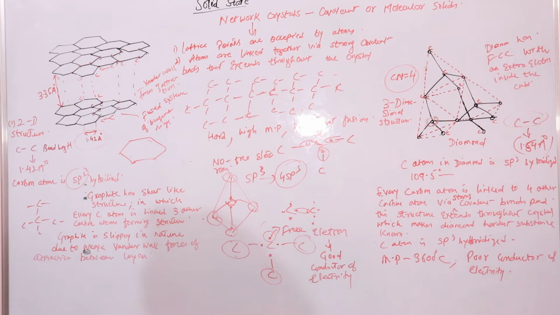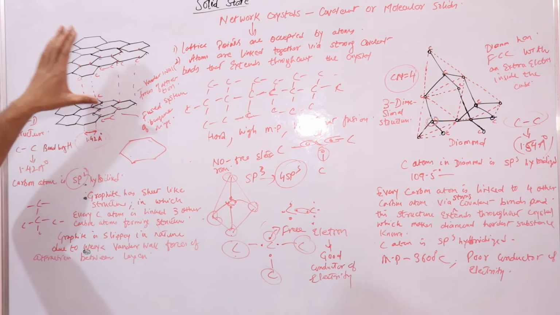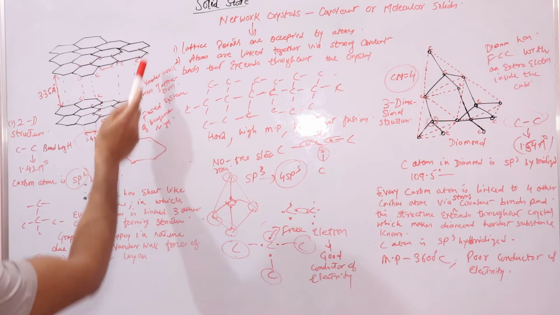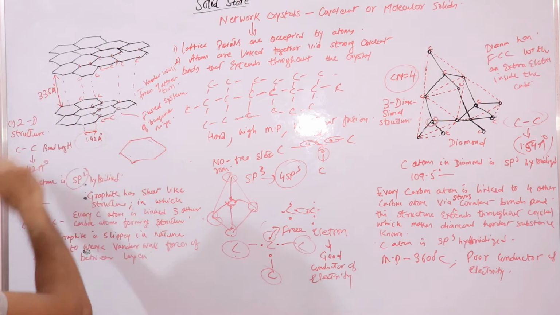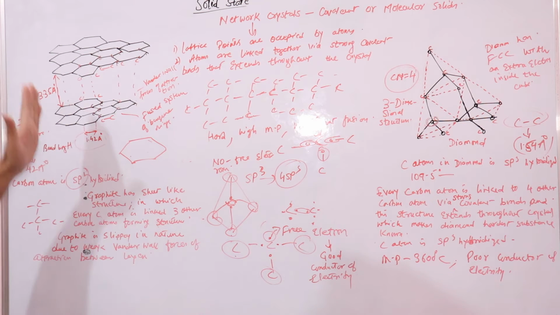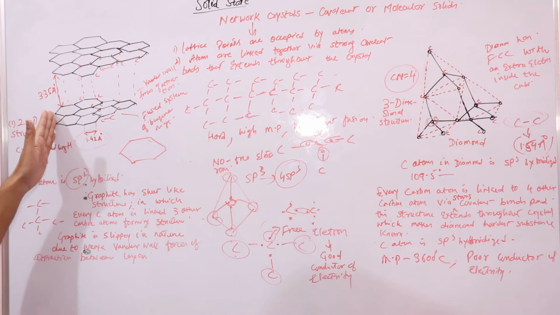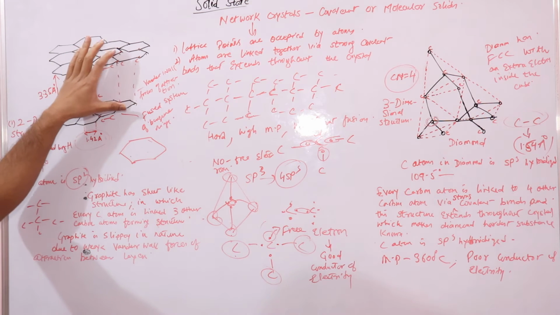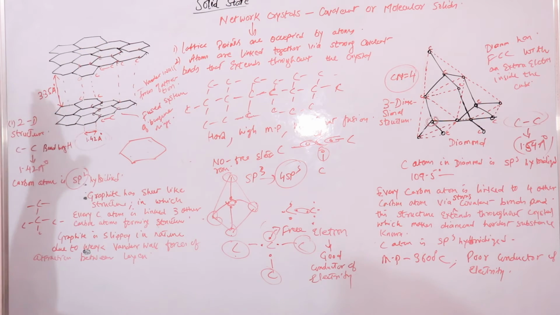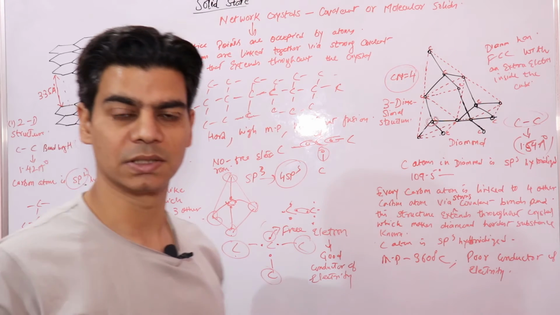And it is due to this weak van der Waals force of attraction that one layer can easily slip over the other. Since one layer can easily slip over the other, we say that graphite is slippery in nature.